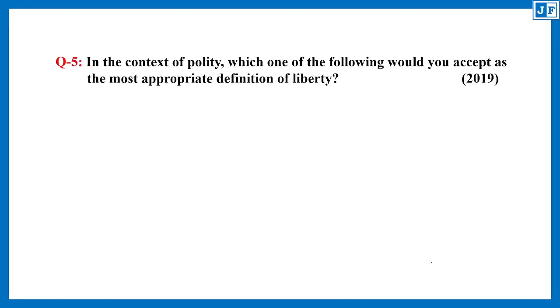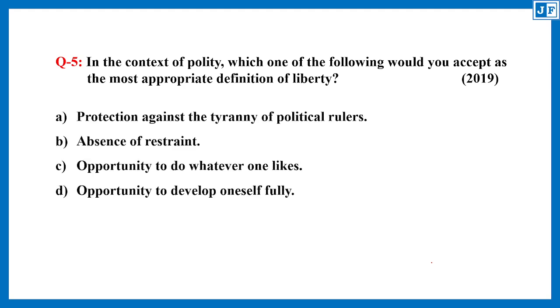Moving to our next question. Question number 5. In the context of polity, which one of the following would you accept as the most appropriate definition of liberty? Our options are A. Protection against the tyranny of political rulers, B. Absence of restraint, C. Opportunity to do whatever one likes, D. Opportunity to develop oneself fully.